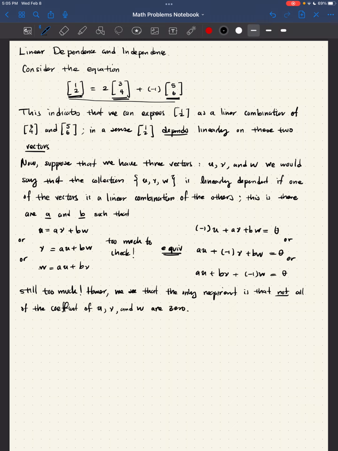Why is that? Well, say, for example, that you have something along these lines: du plus ev plus fw equal to the 0 vector, right? Where not all of d, e, and f are 0. You can say that e is different from 0, right?